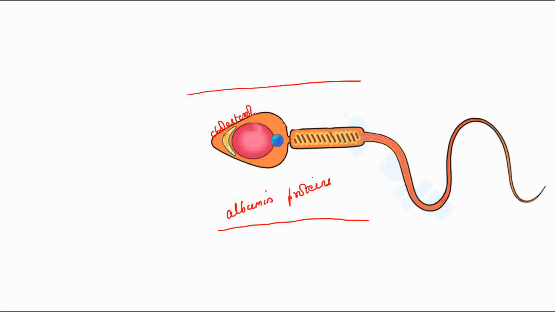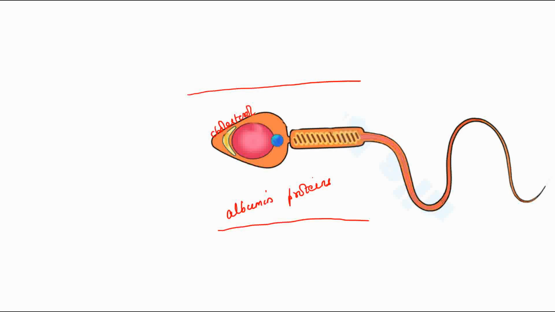This is the sperm's plasma membrane. From that sperm plasma membrane, cholesterol is removed because of the certain albumin proteins present in the female reproductive tract.